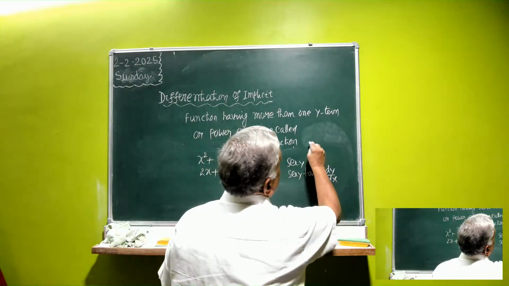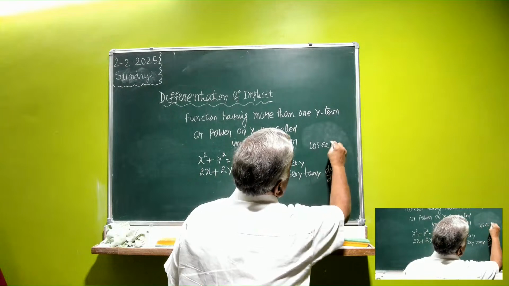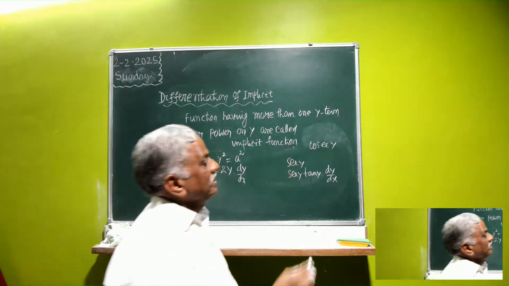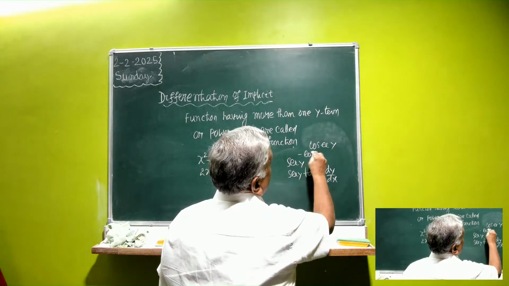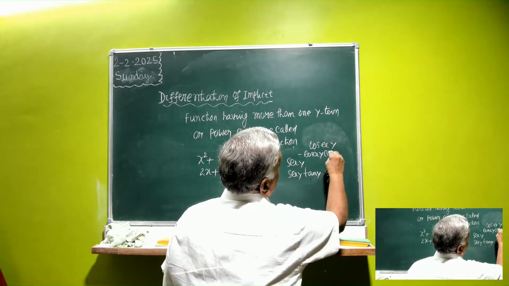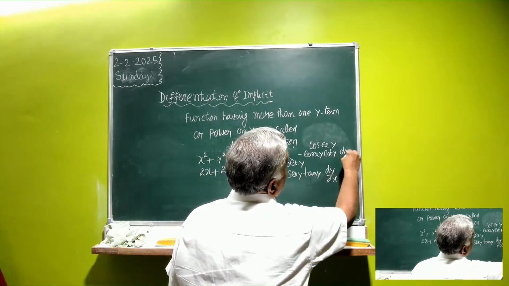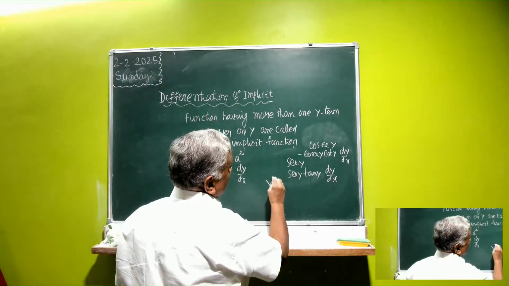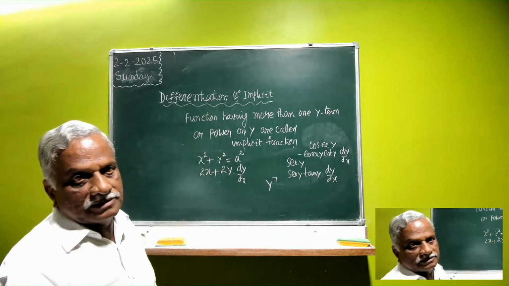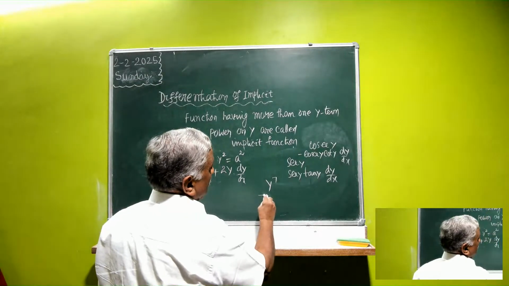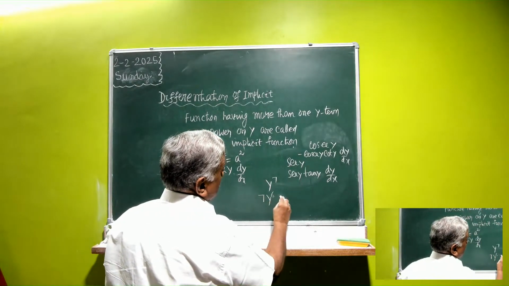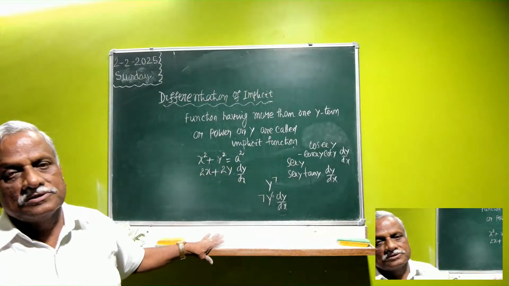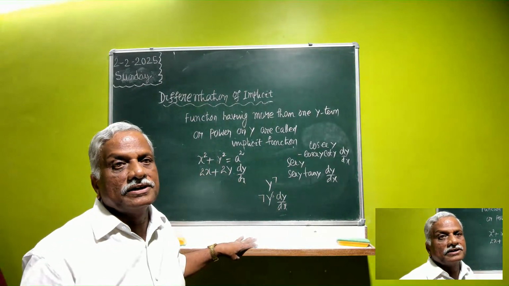Supposing I have got cosecant y, asked to differentiate, it is minus cosecant y into cot y into dy by dx. If I have got y to the power of 7, what is the answer? 7 y to the power of 6 into dy by dx. So this one extra thing you need to differentiate.